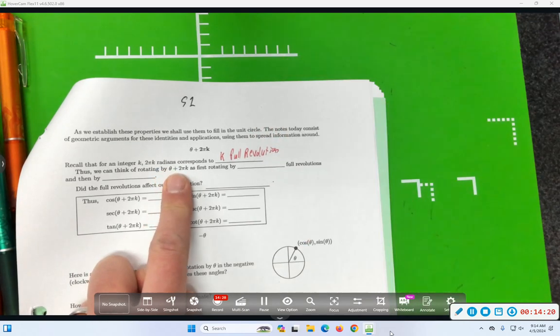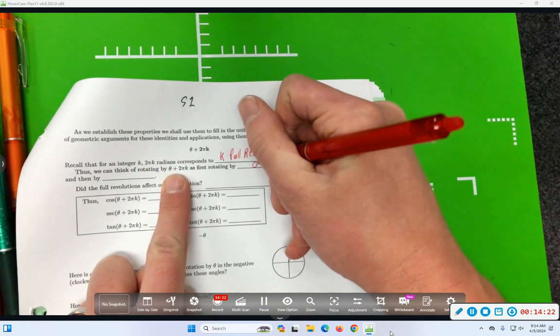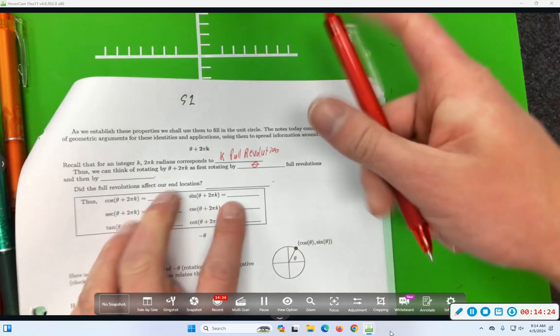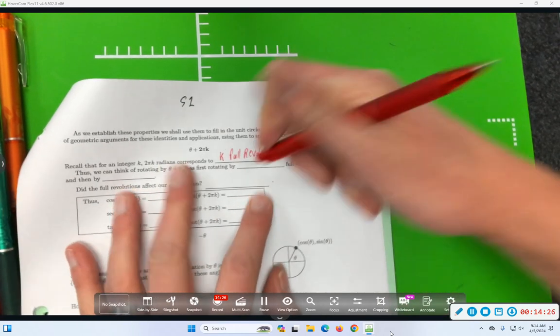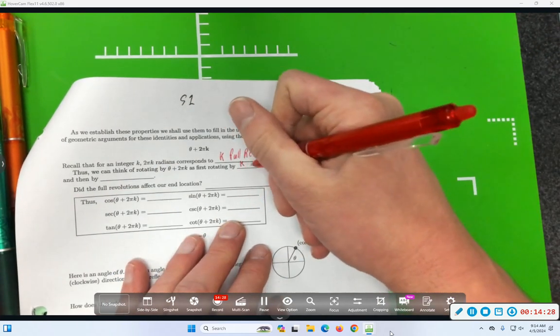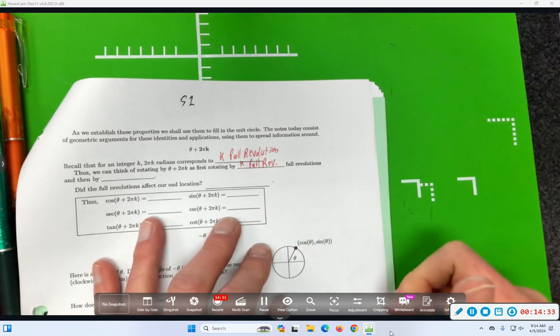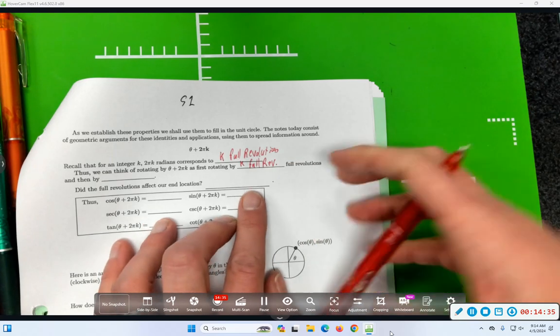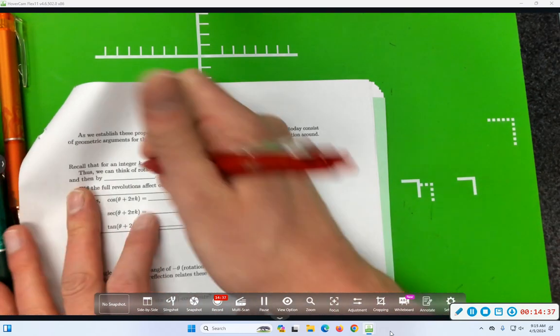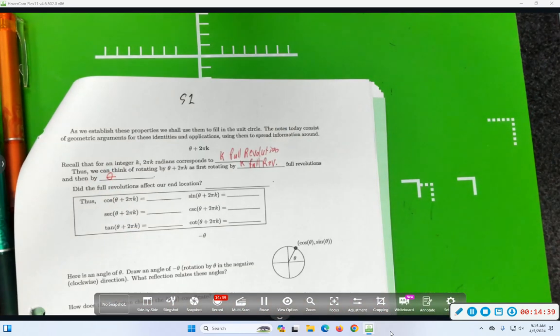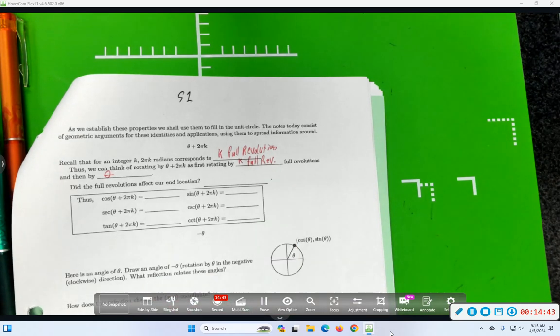So if you see an angle like theta plus 2 pi k, you can think of it as first rotating by k full revolutions, and then by this additional angle theta. Those full revolutions, so if I start at 1, 0, I spin around the unit circle a bunch of times, and then I go forward by a little bit.